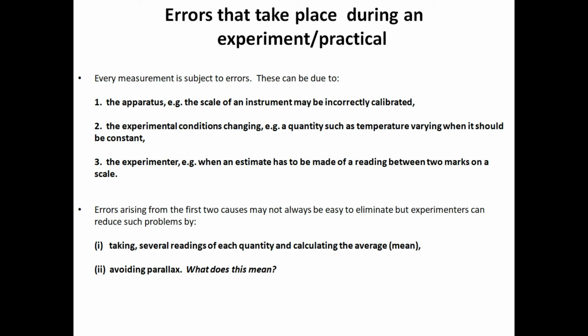For the first three errors, you take more than one reading. You can remember the first reading is always a rough one. That's the one where you're going to be like, oh my god, this doesn't look right. So take a minimum of 3, maximum, depending on the lab, would be 5 for me. You don't need to go any further than 5, because then you'll be wasting time.